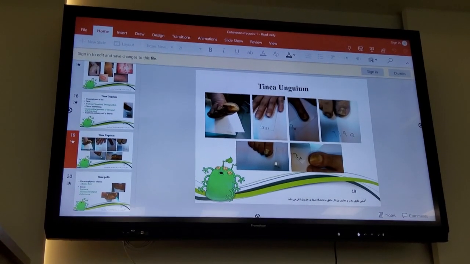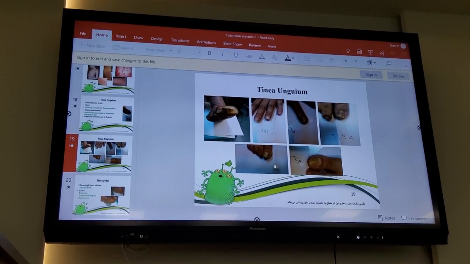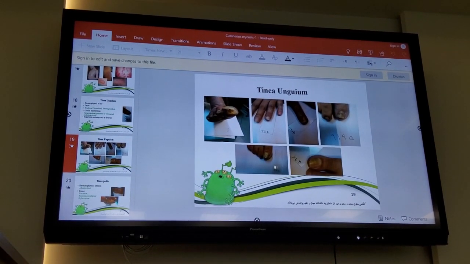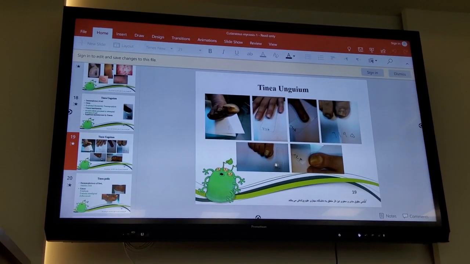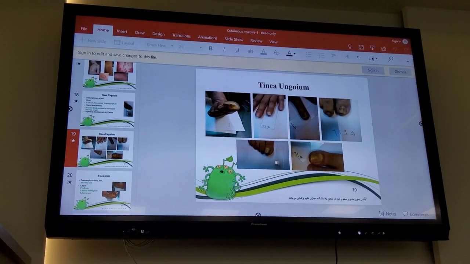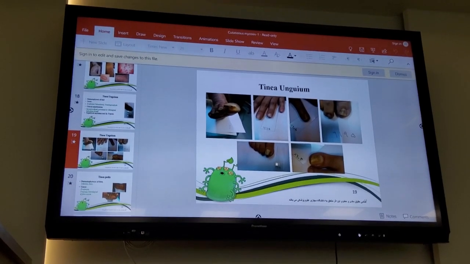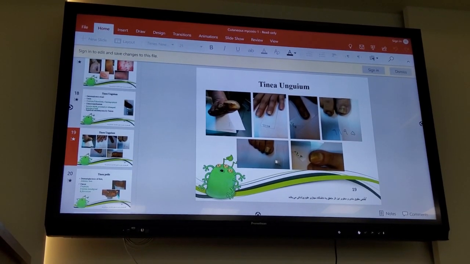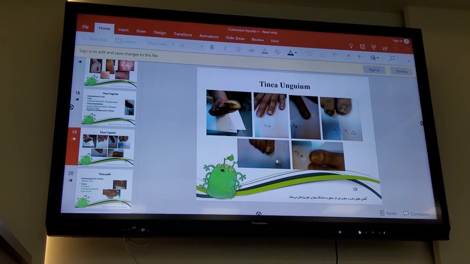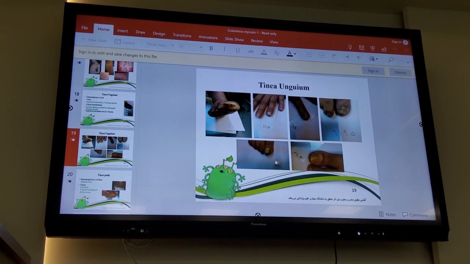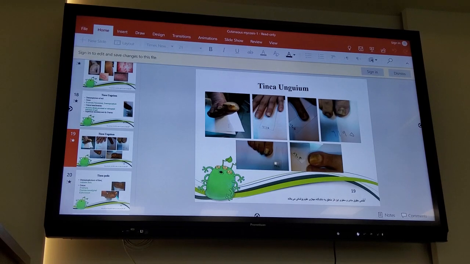Many disorders lead to disease in the nail. One of them is fungi. If a dermatophyte involves the nail, we have tinea unguium. If, in addition to dermatophytes, other fungi, yeasts, and other molds affect the nail tissue, this leads to onychomycosis.